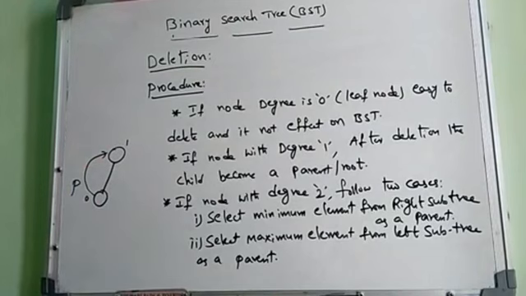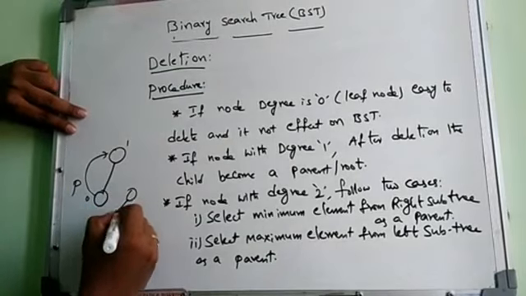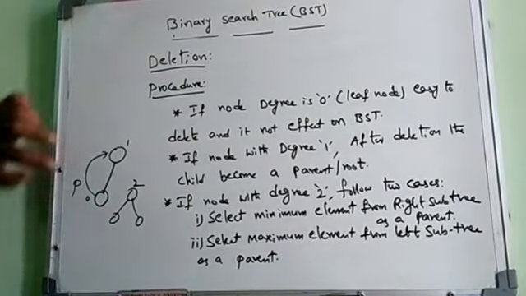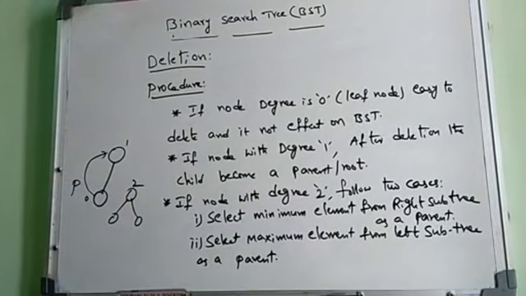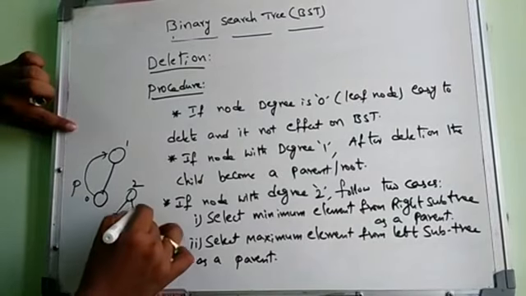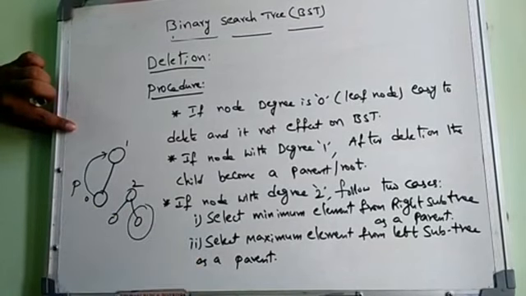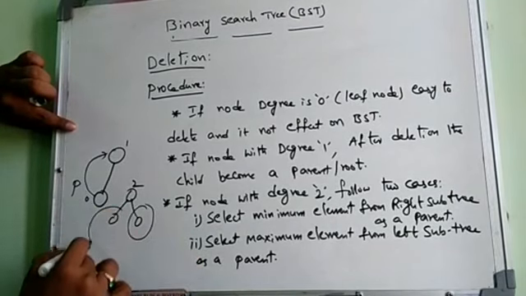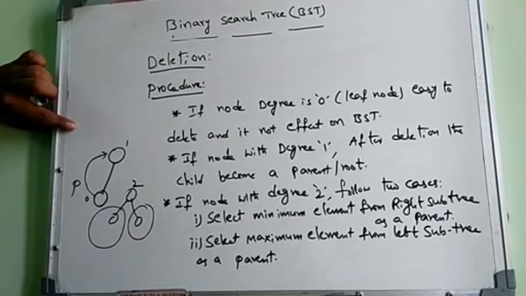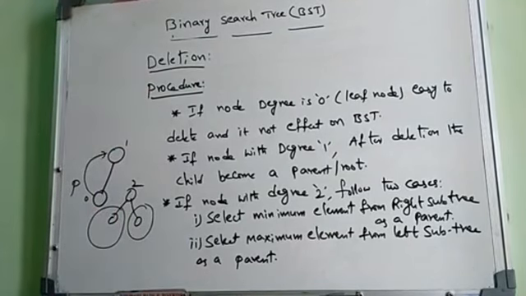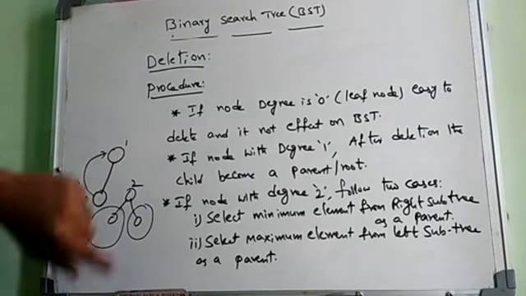Next, if the node has degree 2, it will have two children, a left child and a right child. In that case, select the minimum element from the right subtree to act as the parent, or select the maximum element from the left subtree to act as the parent. These are the steps we need to follow. Just as insertion uses the three properties, deletion also uses the three properties.